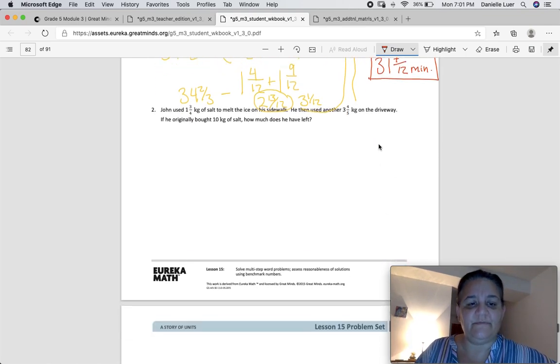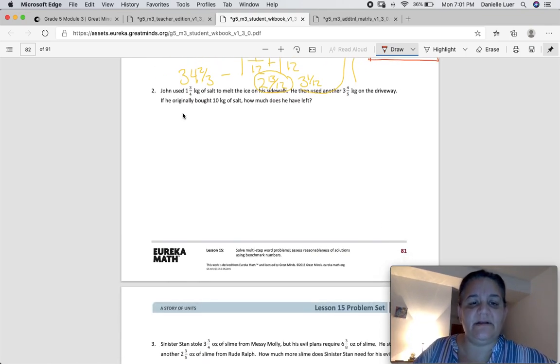Number 2, John used 1 3/4 kilograms of salt to melt the ice on his sidewalk. You don't have that problem in Venezuela, but in the north, where I am from, the ice gets on the sidewalk. Every time it rains, it turns to ice, or the snow sometimes when it melts, it turns to ice, and you can slip and you can fall, and it hurts, and you get a bruised butt.